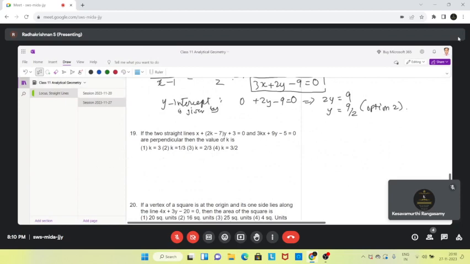Okay. What is the slope of the first line? So minus a by b.